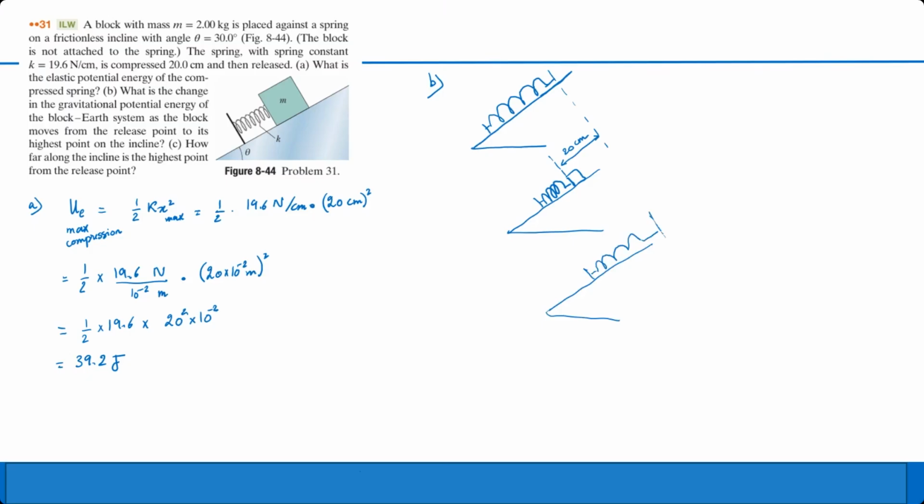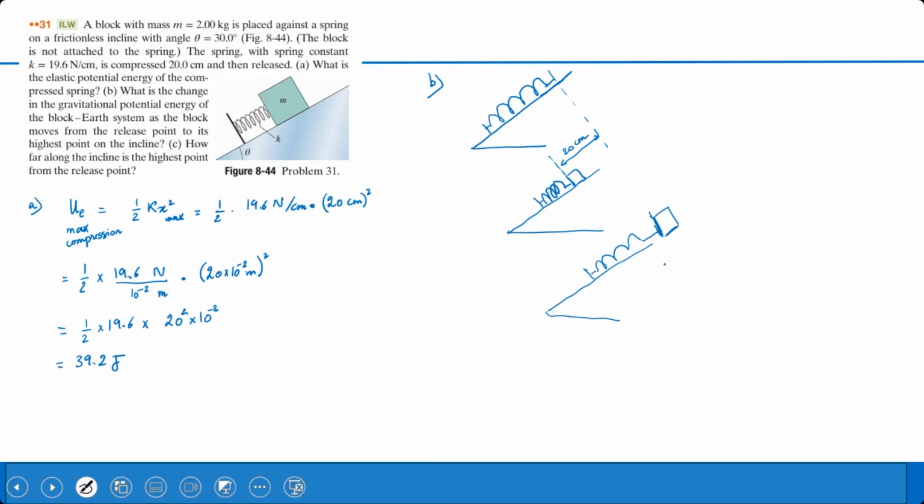So basically, if I want to look for the change in the gravitational potential energy of the system, the block is going to move to its highest point on the incline when it is not compressed anymore. This is the highest point. Here, the block maybe is still attached.